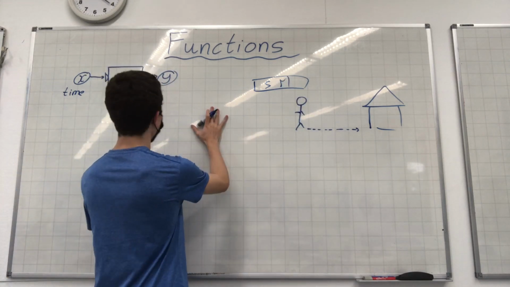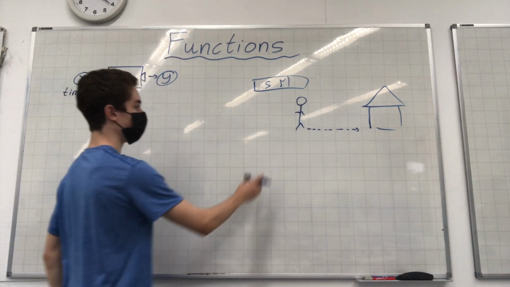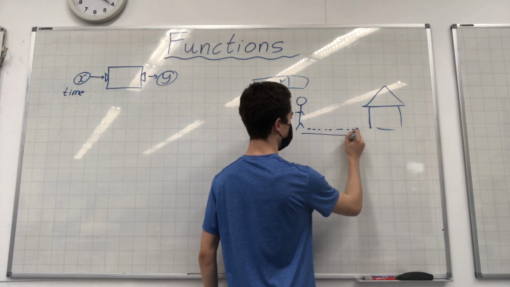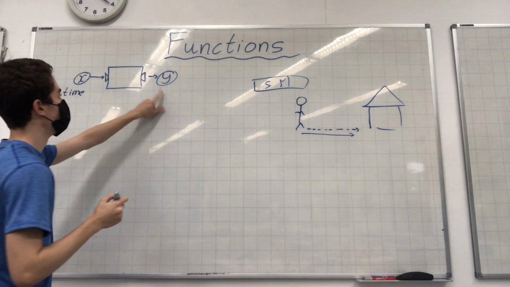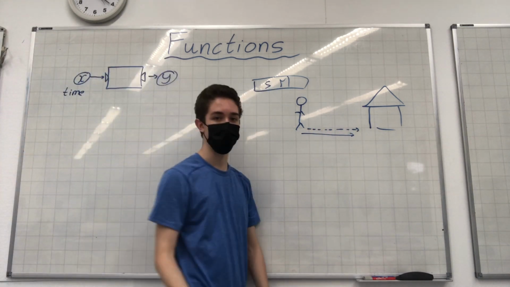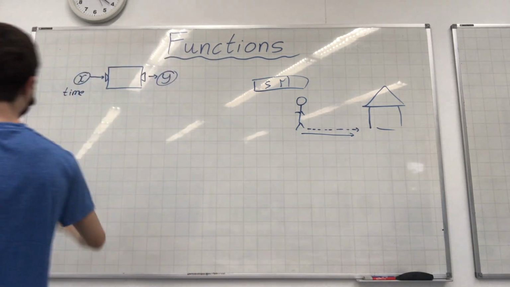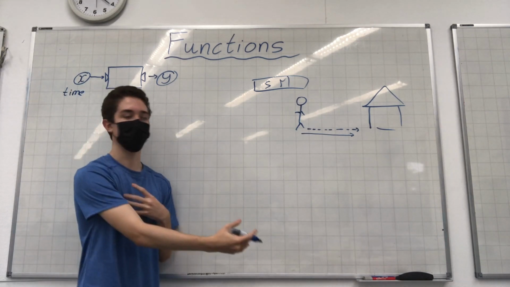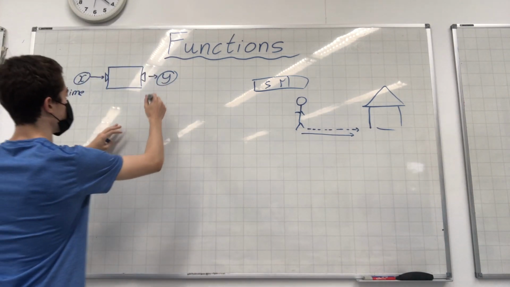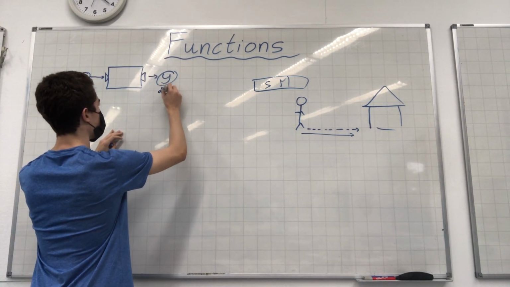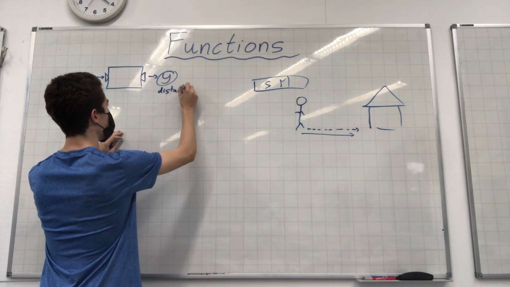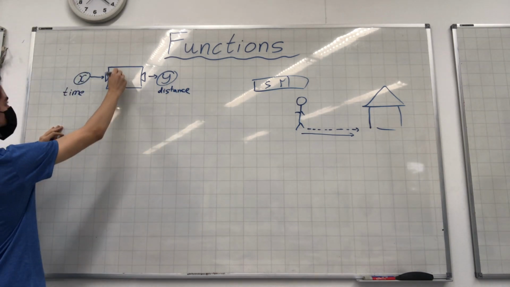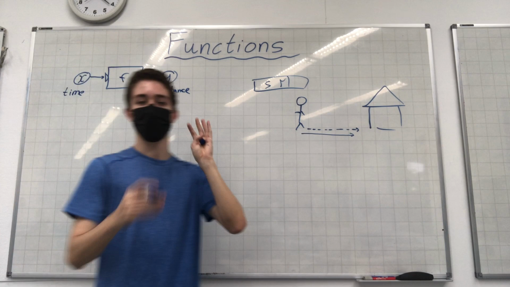Then, you want to measure, depending on how long you spent walking home, which distance have you traveled? So, your input is how long you've walked, and your output is the distance that you're traveling. And then, we can illustrate this relationship using a function.